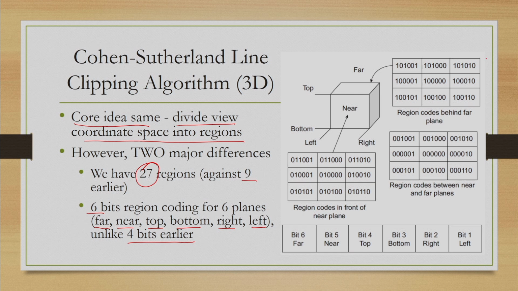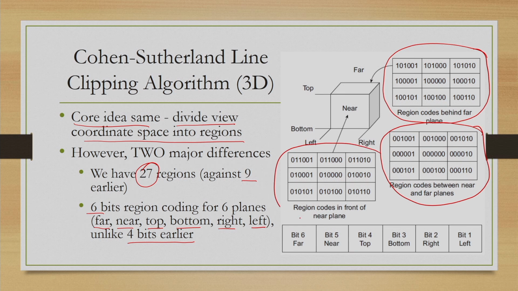Now, for each plane we have these 9 regions defined. So, there are 9 regions behind the far plane, 9 regions between the near and far planes, and 9 regions in front of the near plane.